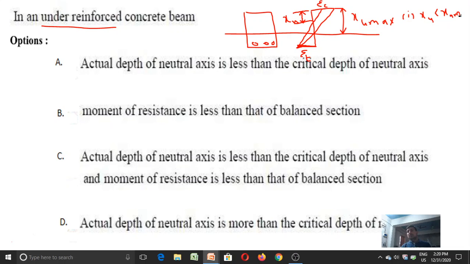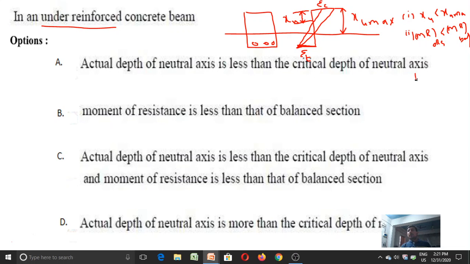This is one point. Then the second point is the moment of resistance in an under reinforced section, that is, the moment of resistance in the under reinforced section is less than the moment of resistance in the balanced section.